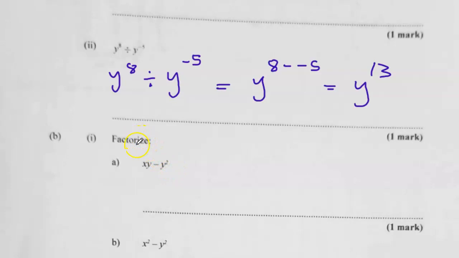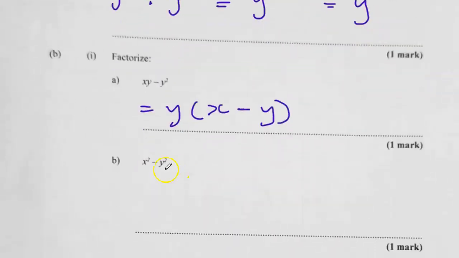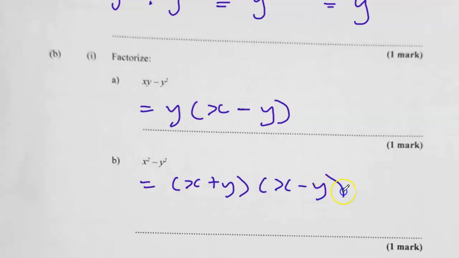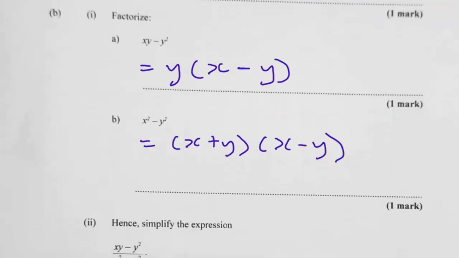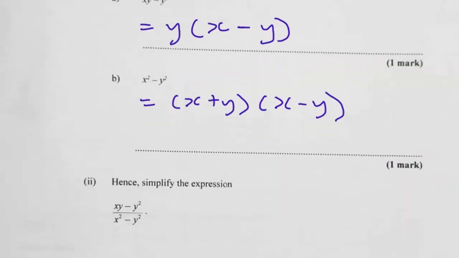Next, factorize. Notice a common factor here is y. So we factor out y. We're left with x minus y. Notice when you expand the bracket, you get xy minus y squared. Here, difference of two squares, so this will be straightforward. So this is x plus y, x minus y. Hence, simplify the expression here.